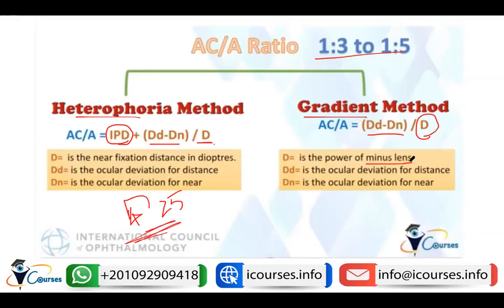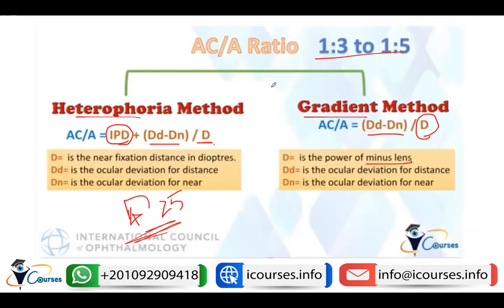So what is the minus lens? This is the minus lens which is used to overcome the accommodation. We know that when the patient is exerting accommodation, we put a minus lens in front of his eyes so that he can overcome it, and we can calculate the amount of accommodation that he has.